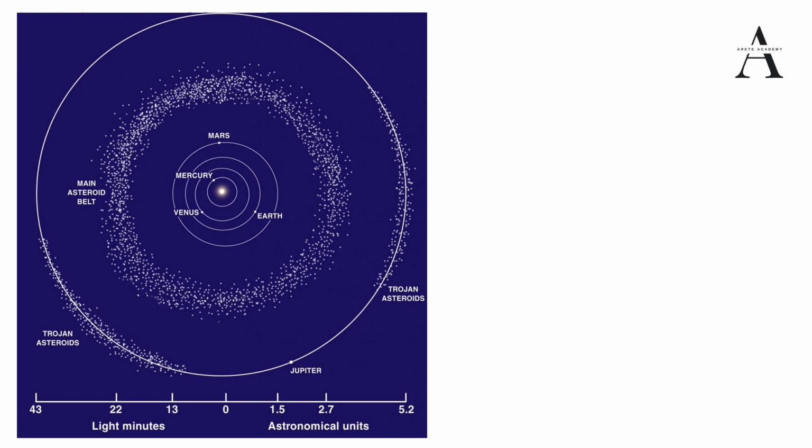Now we will discuss the information related to the question. As you can see, the brightest spot or dot on the image is our Sun, and the orbits of Mercury, Venus, Earth and Mars around it. Then we have the main asteroid belt, which is between Mars and Jupiter, as we have already discussed.